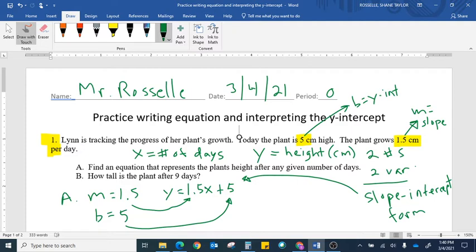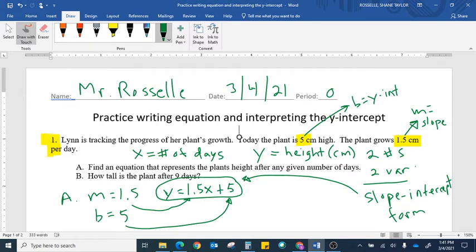Okay, so today the plant is 5 centimeters high. So that basically is saying that the starting point, the plant starts off at 5 centimeters high. So A is done. There it is, slope intercept form.